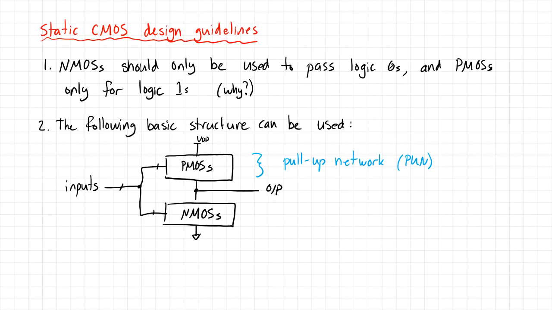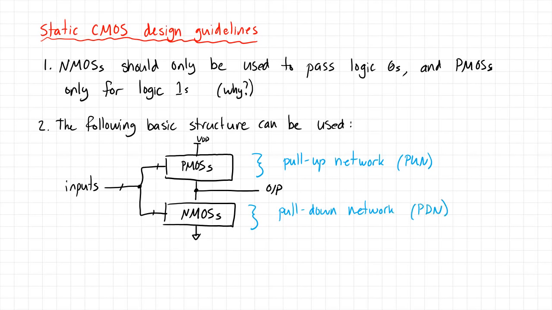Similarly, the NMOS devices should only be used to pass logic zeros, which means that the NMOS network should be connected to ground. So we call this the pull down network, or the PDN.